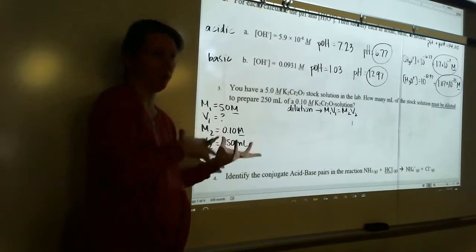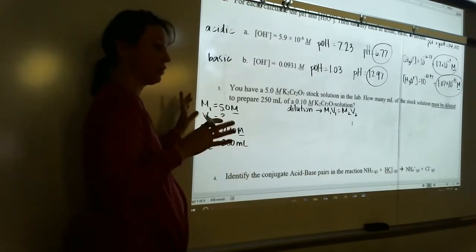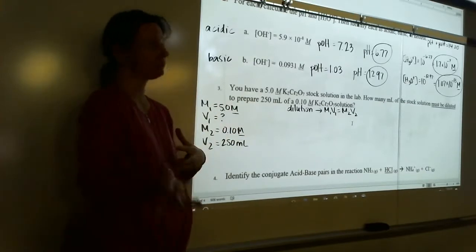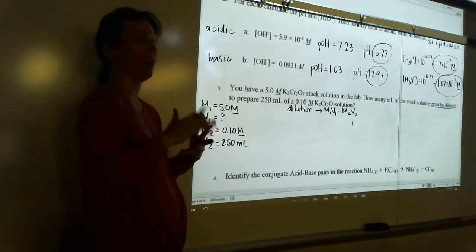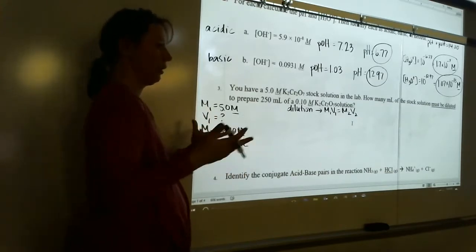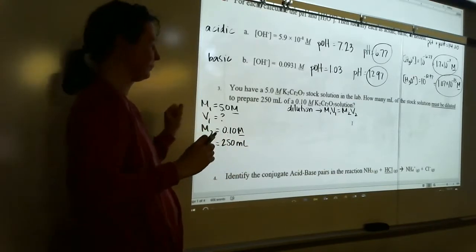We're not multiplying molarity times volume or anything like that. So long as you're really careful and remember to convert to liters anytime you're doing molarity times volume for figuring out number of grams dissolved in solute or something like that, you could leave it in milliliters here if you're really careful.